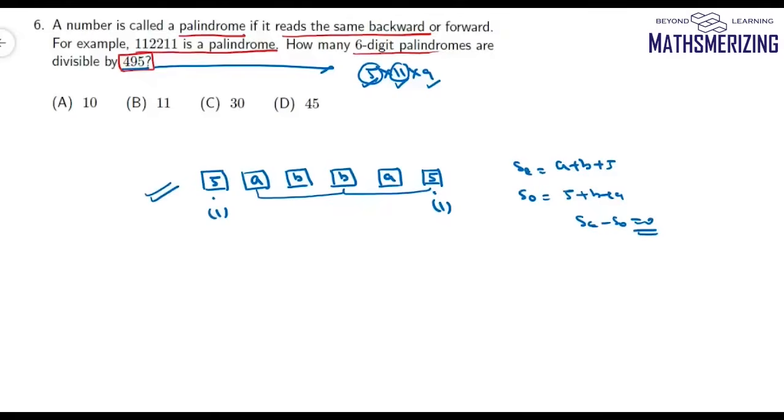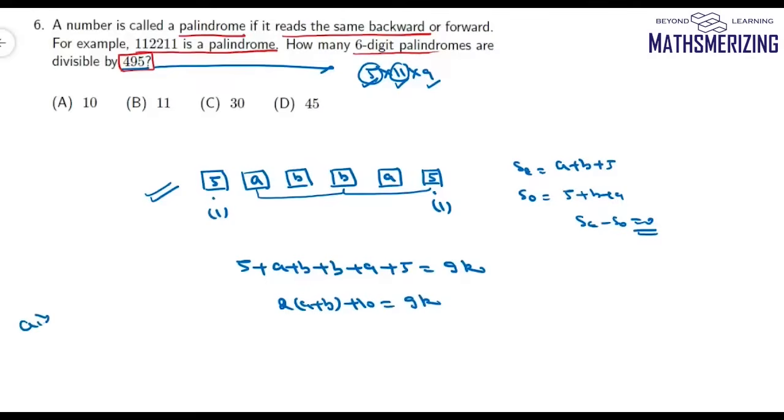Now we need this number to be divisible by 9. A number is divisible by 9 if the sum of digits is a multiple of 9. So that means 5 plus A plus B plus B plus A plus 5 should be some 9k. So I can write 2 times A plus B plus 10, and it should be some multiple of 9.